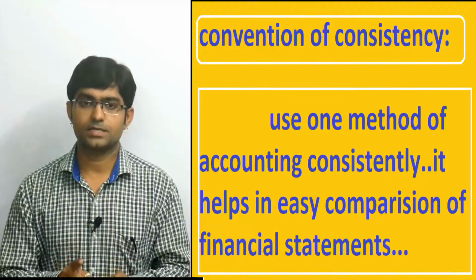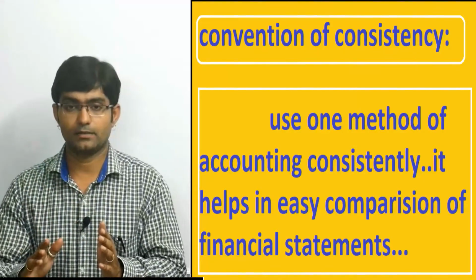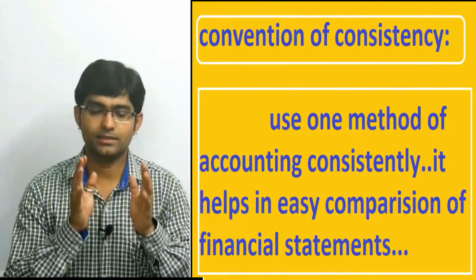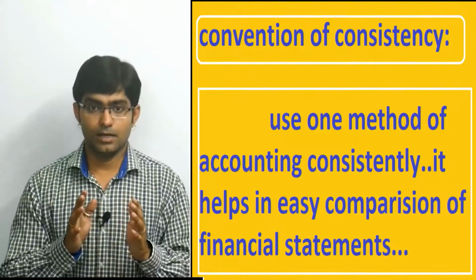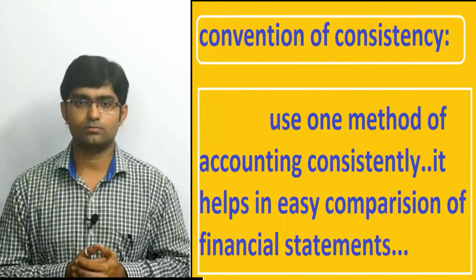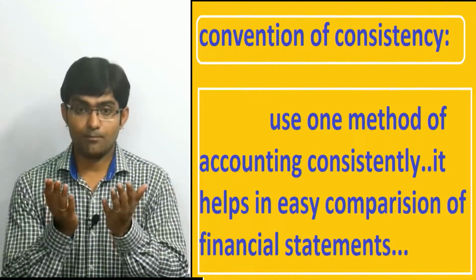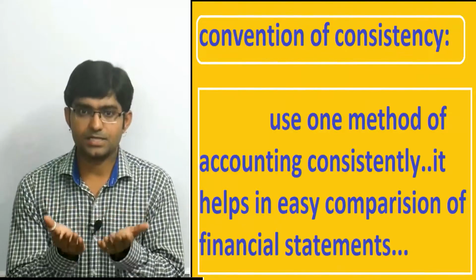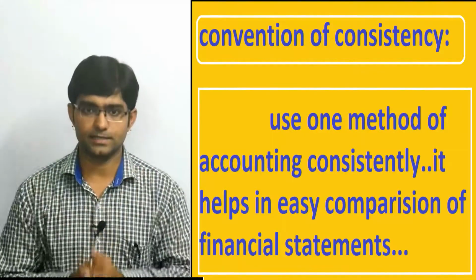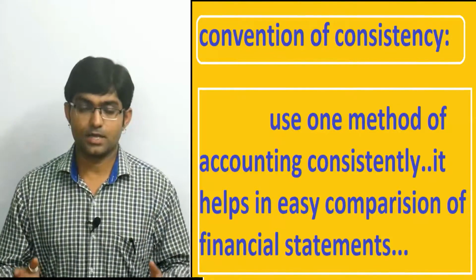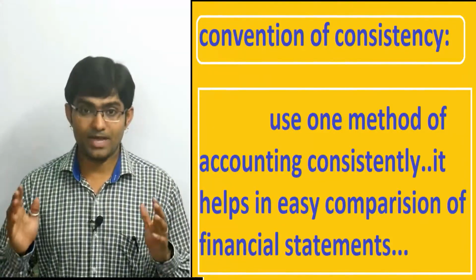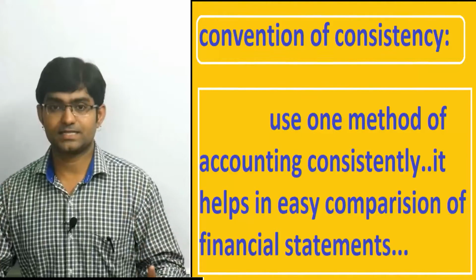But don't change your methods year after year. You have to follow the same methods of accounting in the next years also. This helps in comparison of financial statements of different years. For this analysis, you need to follow the methods in a consistent manner.